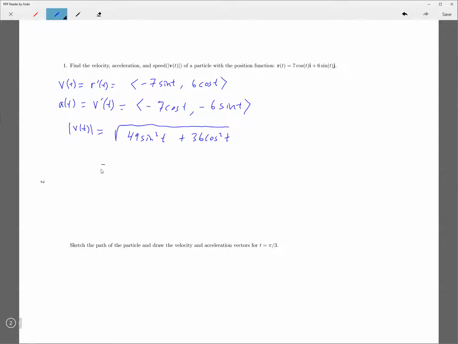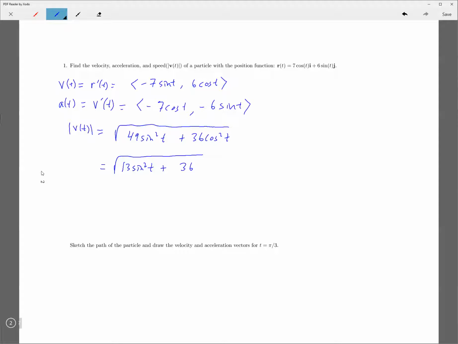We can put that in like that, or you could split this first one up into 13 sine squared t plus 36 sine squared t plus 36 cosine squared t, which is going to be 36. So we could write it like that.